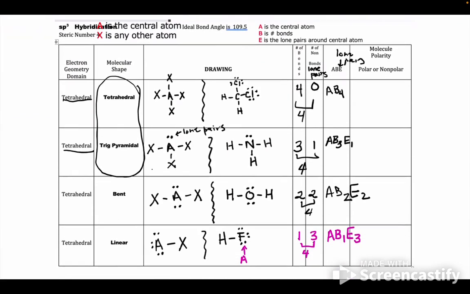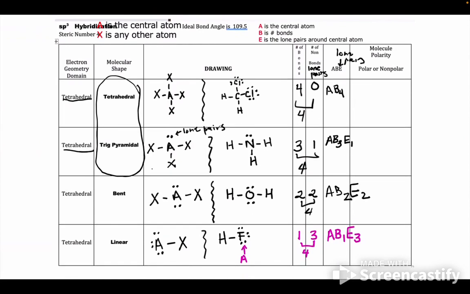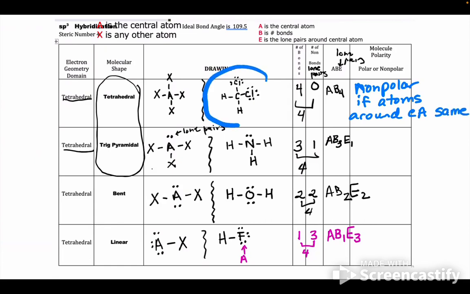So now if we go back to our notes, we can write in that last column. So tetrahedrons are nonpolar if the atoms around the central atom are the same. So this one here is going to be polar because they're not all the same.